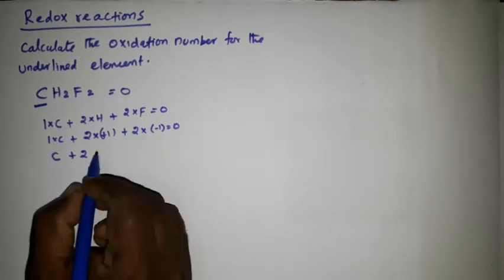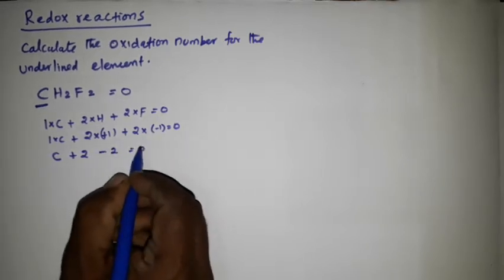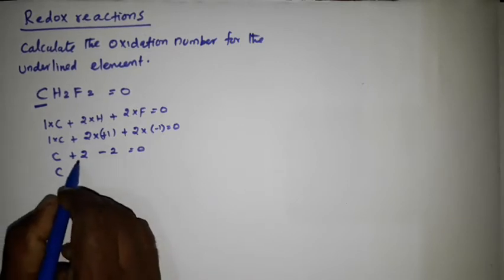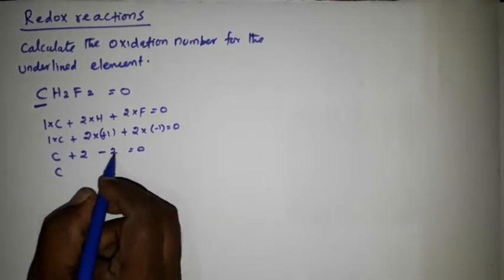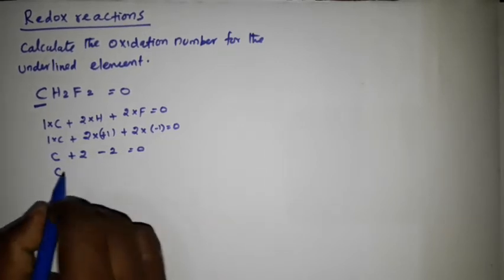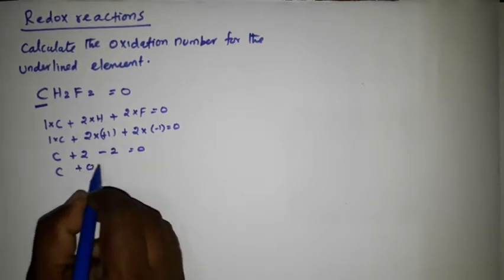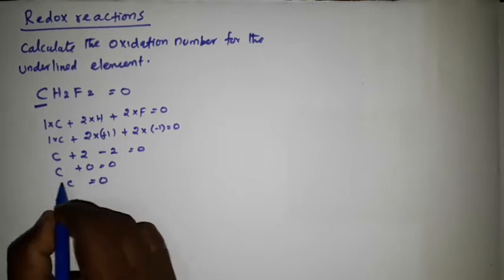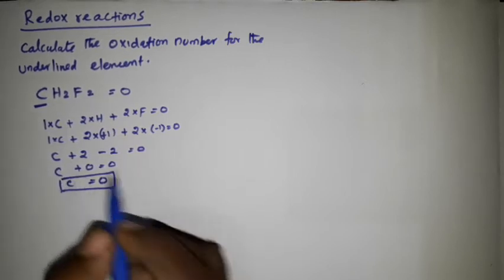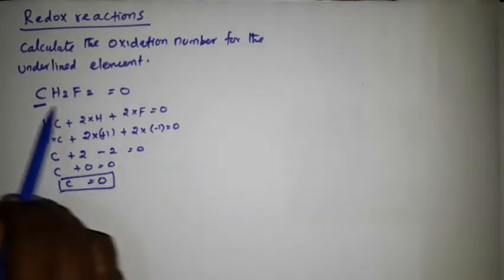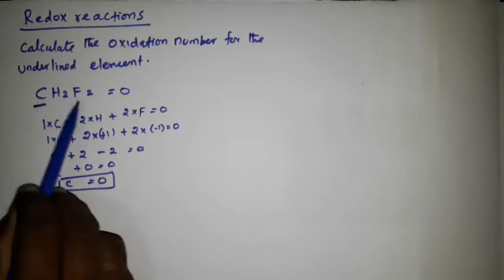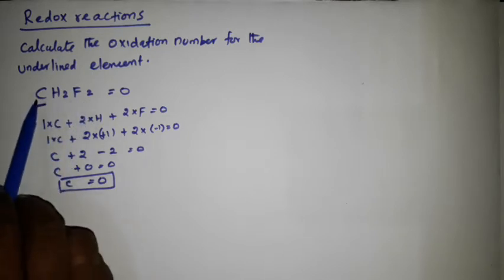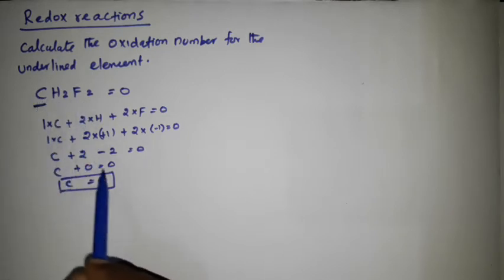Then here 2 into minus 1, that is minus 2, equal to 0. So carbon plus 2 minus 2 is 0, equal to 0. So the oxidation number of carbon is 0 only. Okay. So in the compound CH2F2, the oxidation number of carbon is 0.